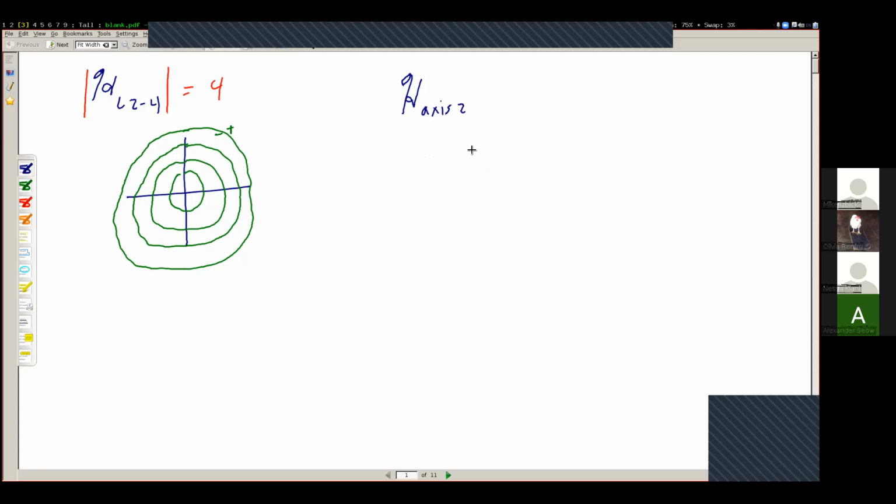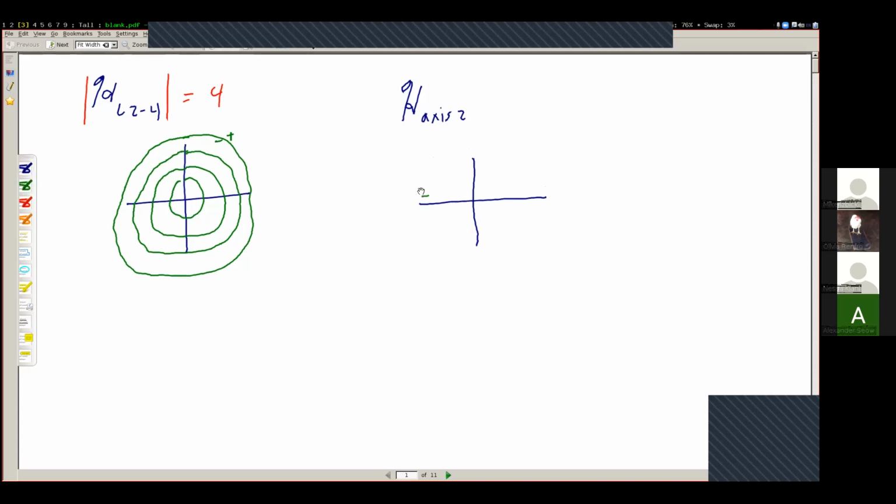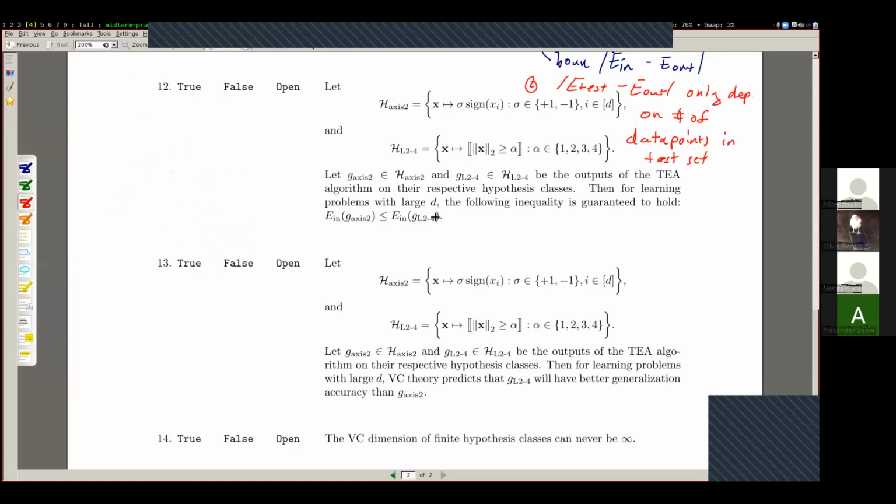What this one looks like is, here there's a 2-dimensional problem. You pick one of these 2 axes, and then you label things as either positive on one side or negative on the other, depending on the value of sigma. So here, sign of x sub i, this i is referring to which one of the dimensions you're looking at. This is a subscript inside of this x variable.